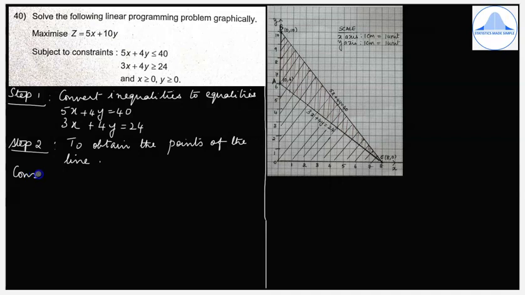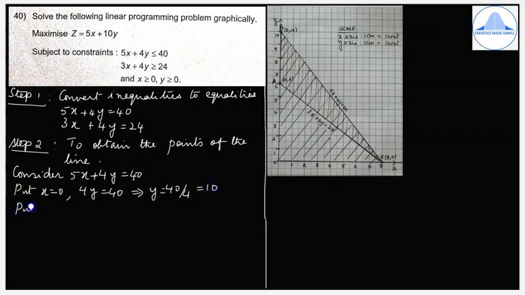So start with, consider 5x plus 4y equal to 40. When I put x equal to 0, we'll get 4y is equal to 40, which implies y is equal to 40 divided by 4, which is 10.